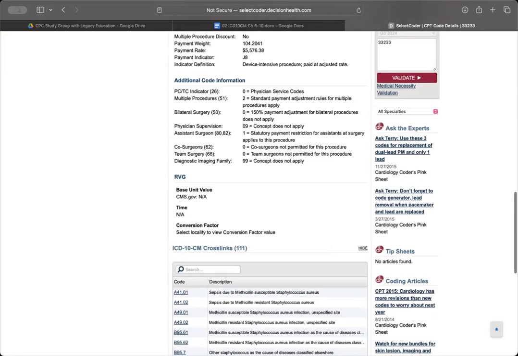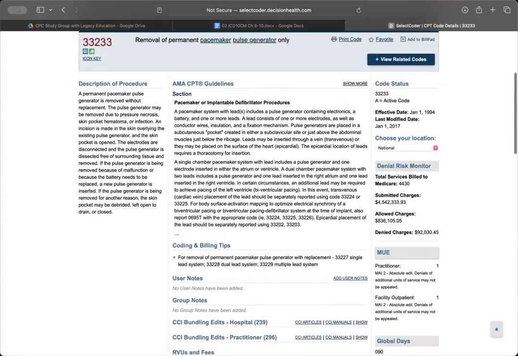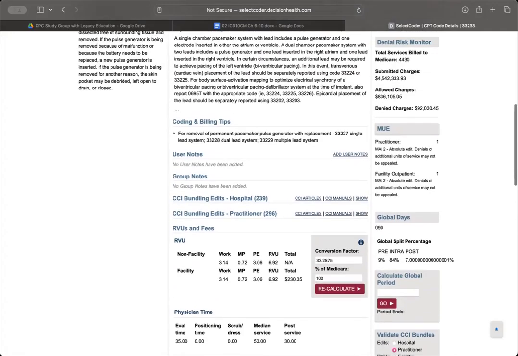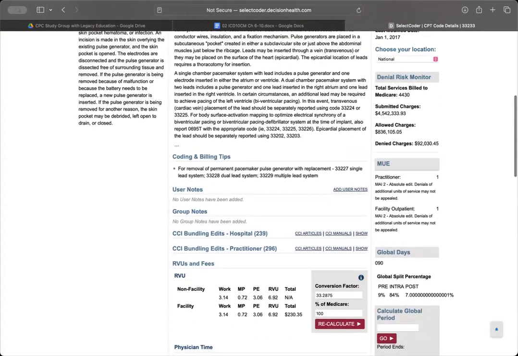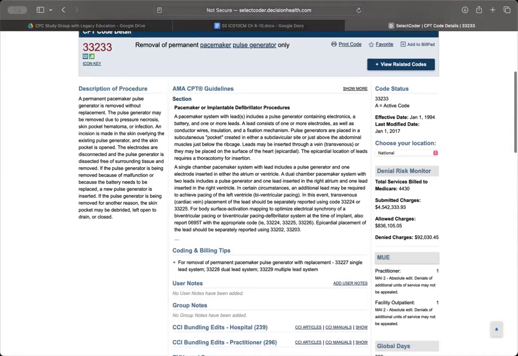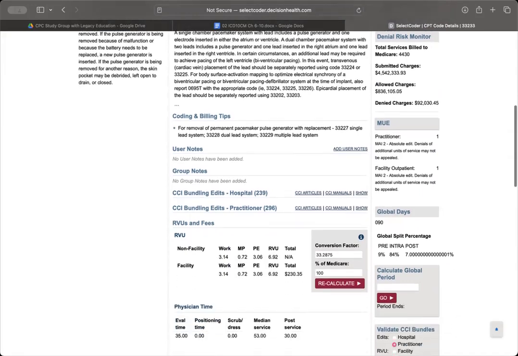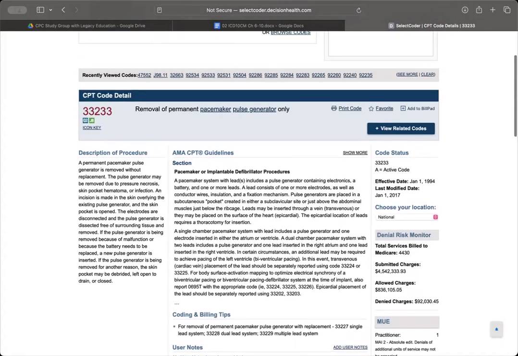It's not an all-inclusive list, but a more inclusive one. Also, if there are any NCDs and LCDs pertinent to your codes, you can find them linked here. It's going to let you know your MUEs, global days, how many days your global package is going to be, whether it's a major or a minor, things along those lines.